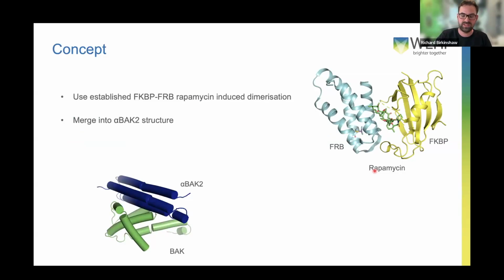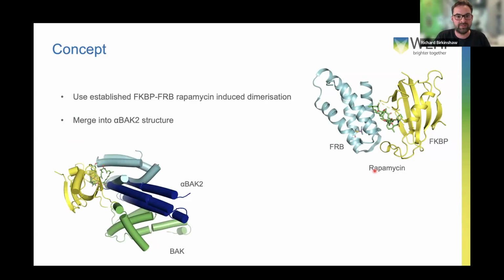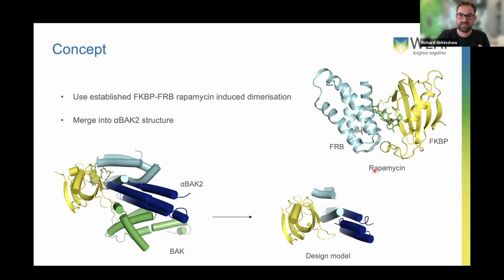So I came up with this design model whereby I would loosely overlay the FRB and FKBP portions onto the anti-BAC2 in such a way that I felt could be integrated into the backbone of anti-BAC2, but also would potentially disrupt binding to BAC. From this, I came up with this initial design model that has portions missing.